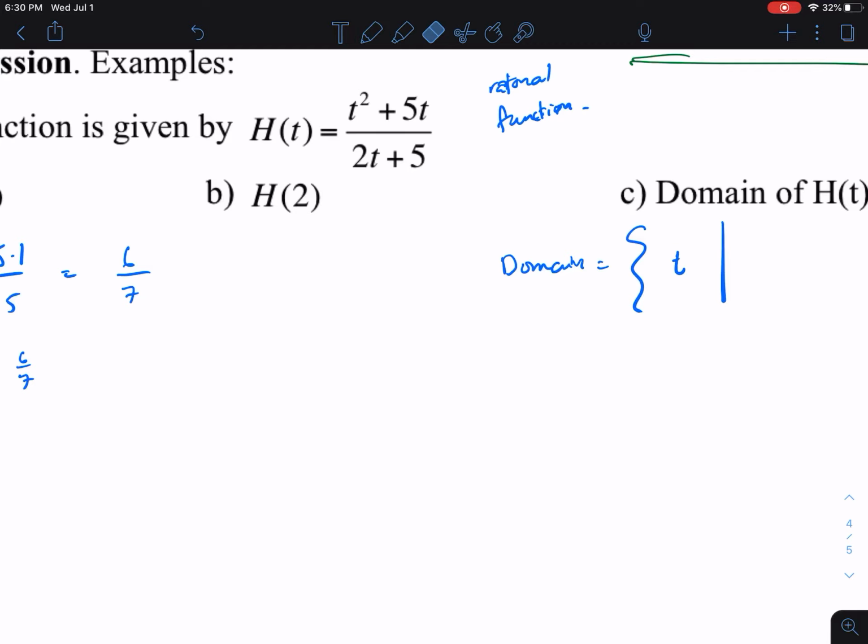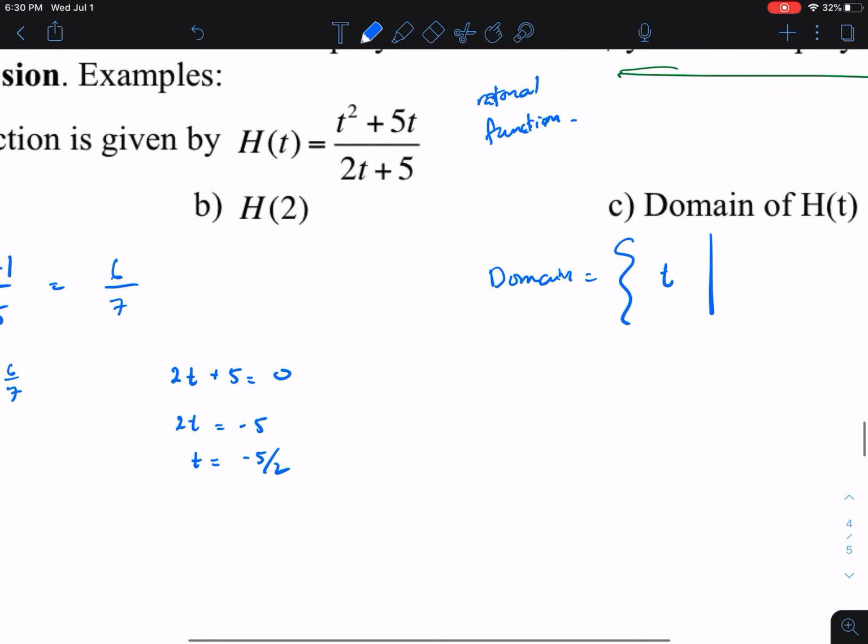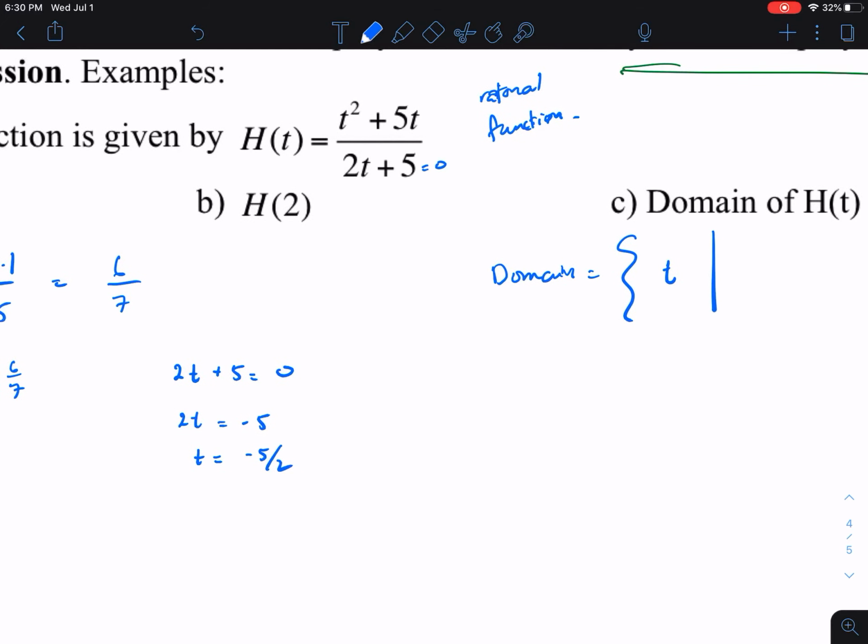If we happen to pick a t that makes the denominator equal 0, then we get negative 1 half. So if t equals negative 1 half, the denominator equals 0, and we can't have a fraction divided by 0. Therefore, this value is being excluded from the domain.